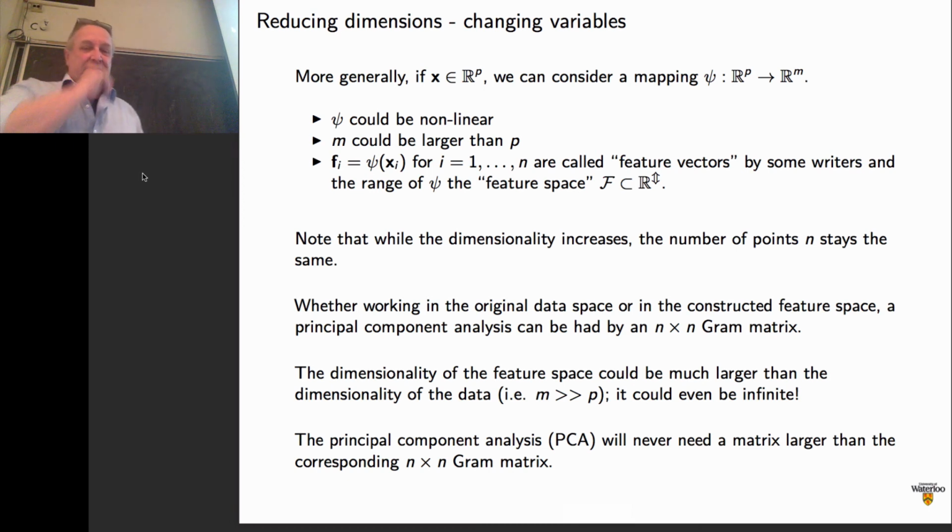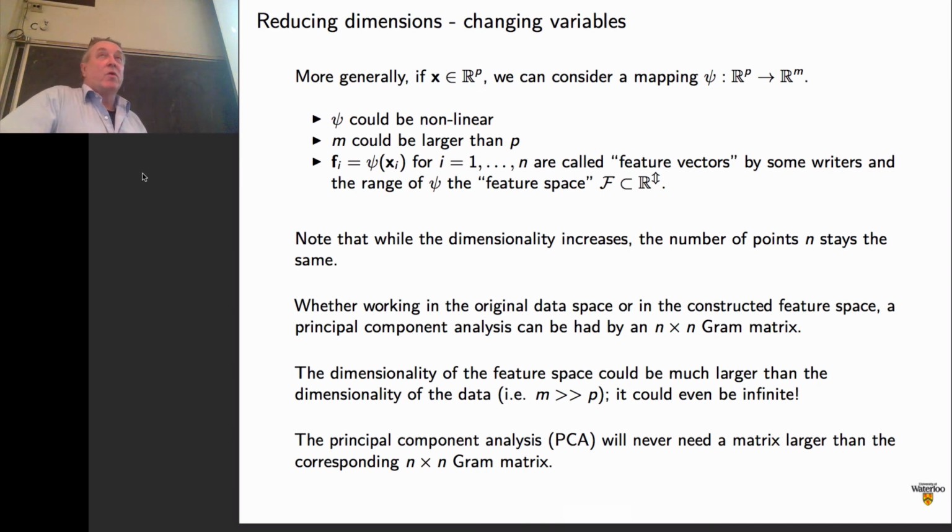And so the idea here is that, well, let's map that into a higher dimensional space that's got a whole bunch of nonlinear components in it, and then look at doing dimensionality reduction in that higher dimensional space using the inner product on that higher dimensional space.